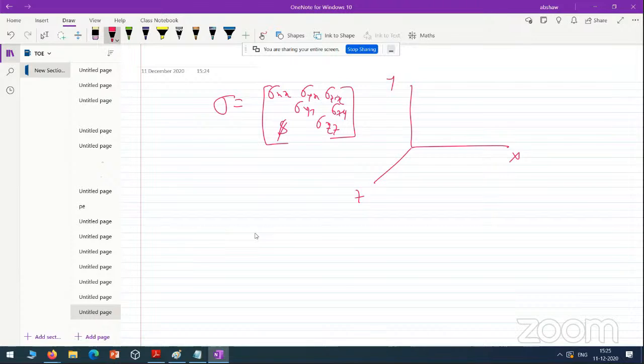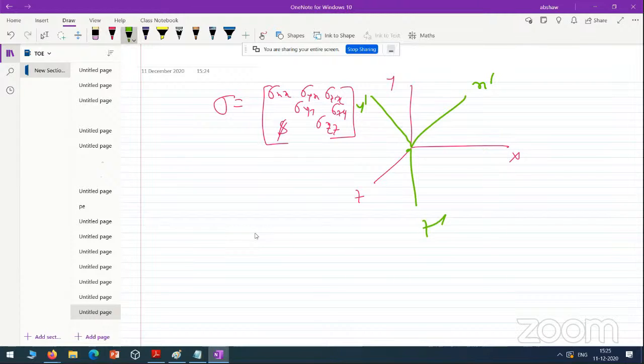But if you change the coordinate system, suppose I take a different coordinate system, say x dash, y dash, and z dash, passing through the same point, then with respect to that coordinate system the representation of the stress at this point will be different.